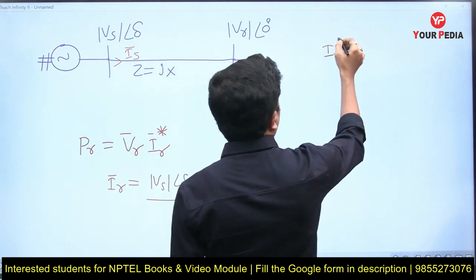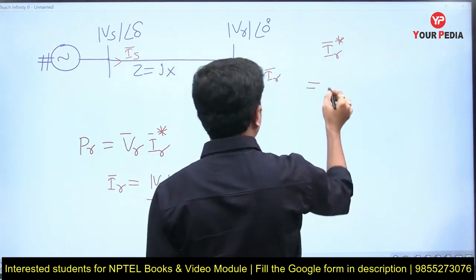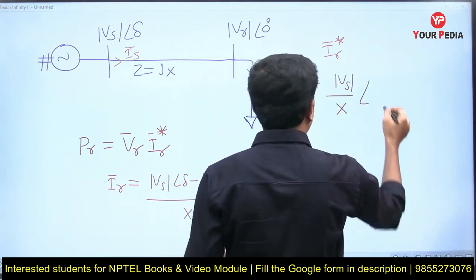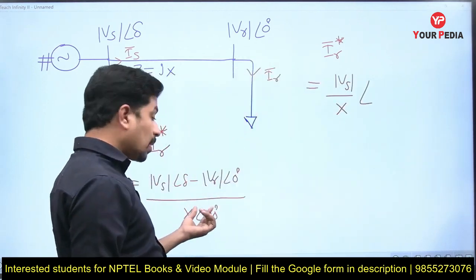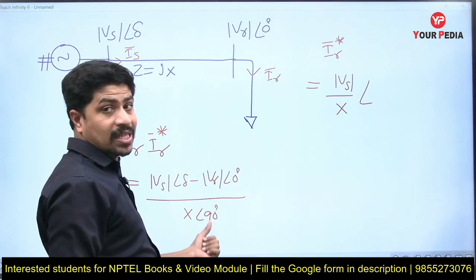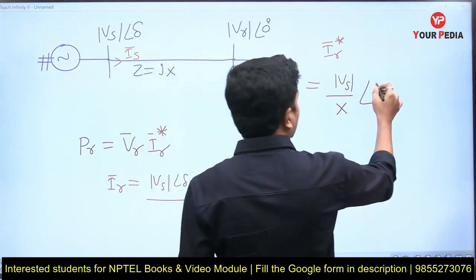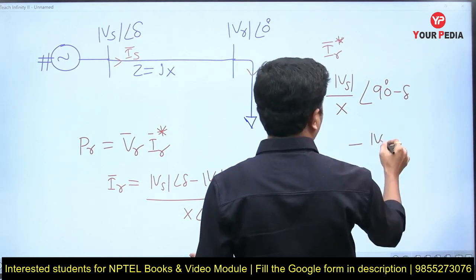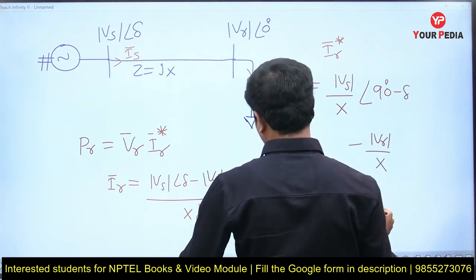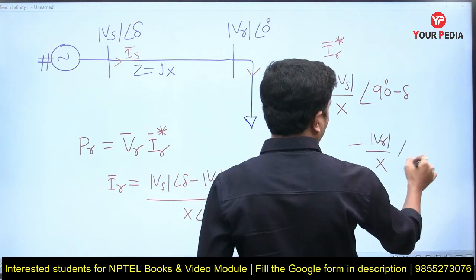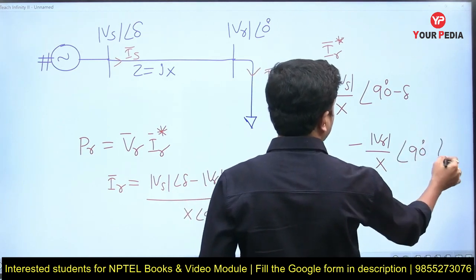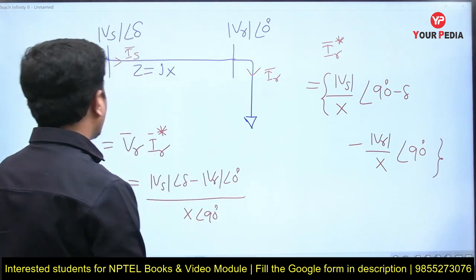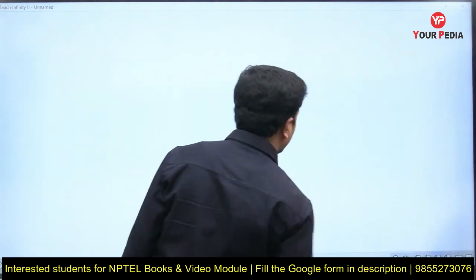Mod Vs by X. If I put conjugate, delta will become minus delta, 90 will become minus 90. I am taking this minus 90 upside, plus 90 it will become 90 minus delta minus mod VR by X. Minus 90 downside, when it comes to upside, it will be plus 90. This is IR conjugate. Now, PR we have to find, VR into IR conjugate.